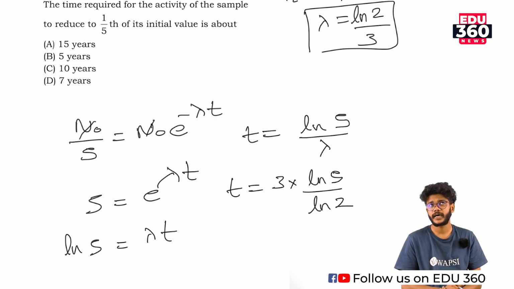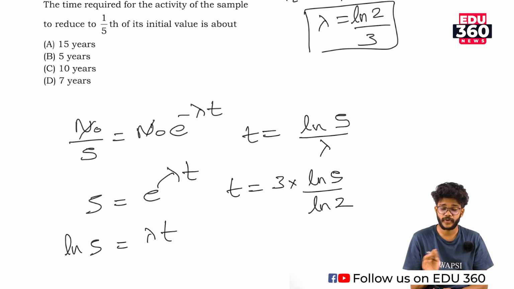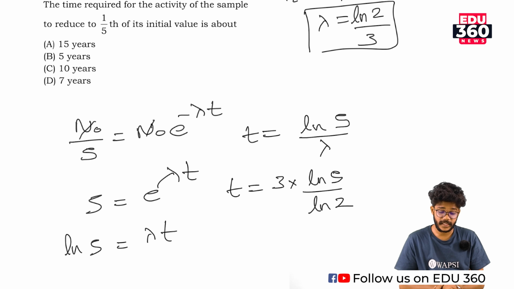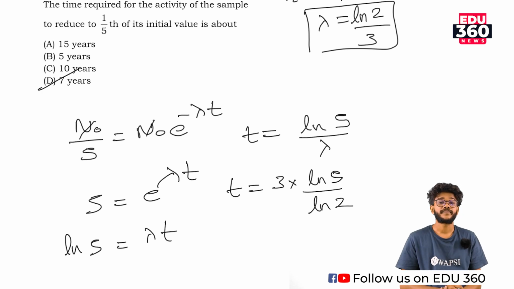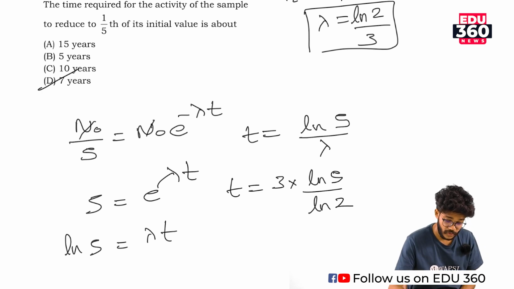You can calculate it; it gives approximately 2.33. 2.333 multiplied by 3 gives 7. So the answer is 7 years. Option D is the answer, 7 years. So we can move to the next question.